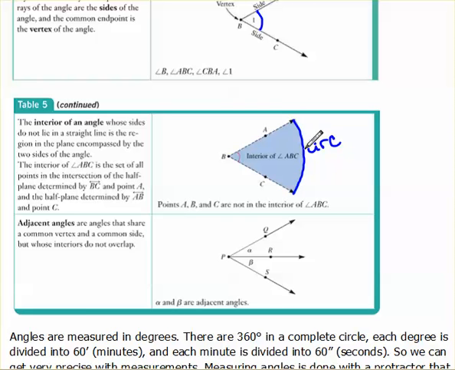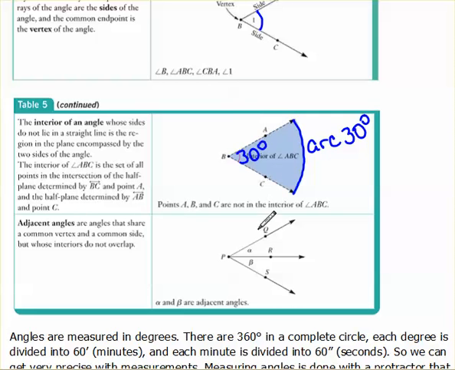Now the cool thing about arcs is that their measure is the exact same as the interior angle of the angle itself. So for instance, if angle B here would happen to be a 30-degree angle, then that means that our arc measure here would also be 30 degrees. So that's kind of a cool thing that we talk about.